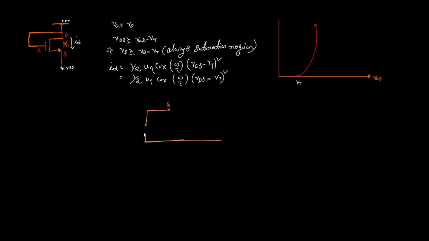And this voltage is VGS. You can say VGS or VDS, both the same. So this is the gate and the drain, and the gate and the drain are shorted.